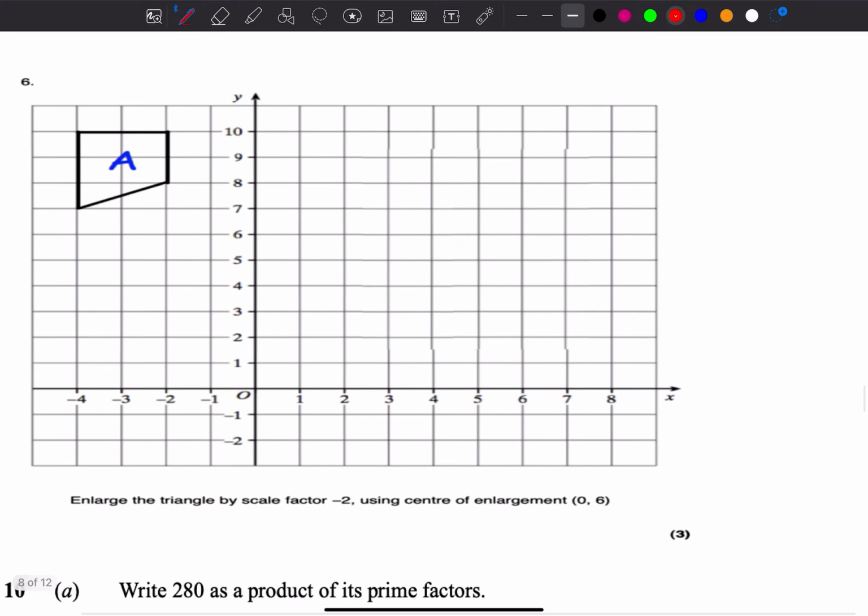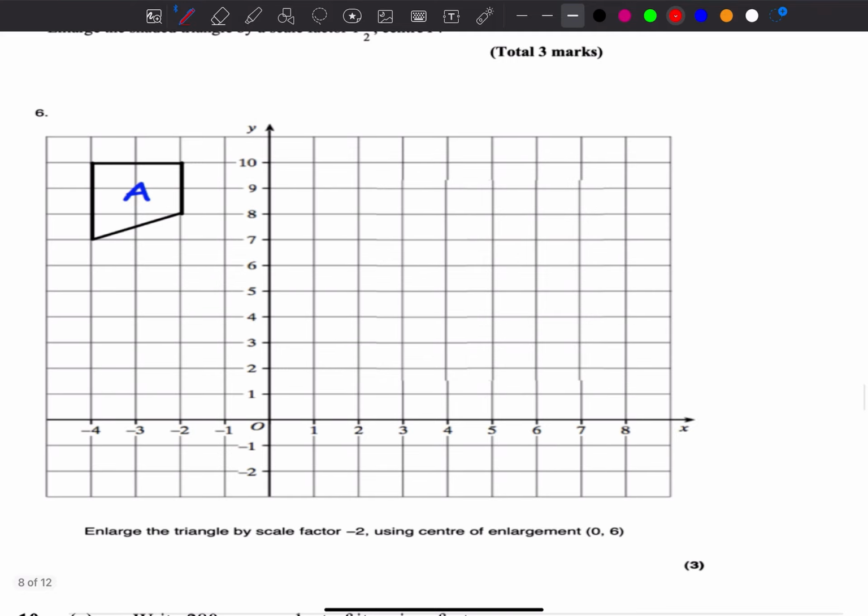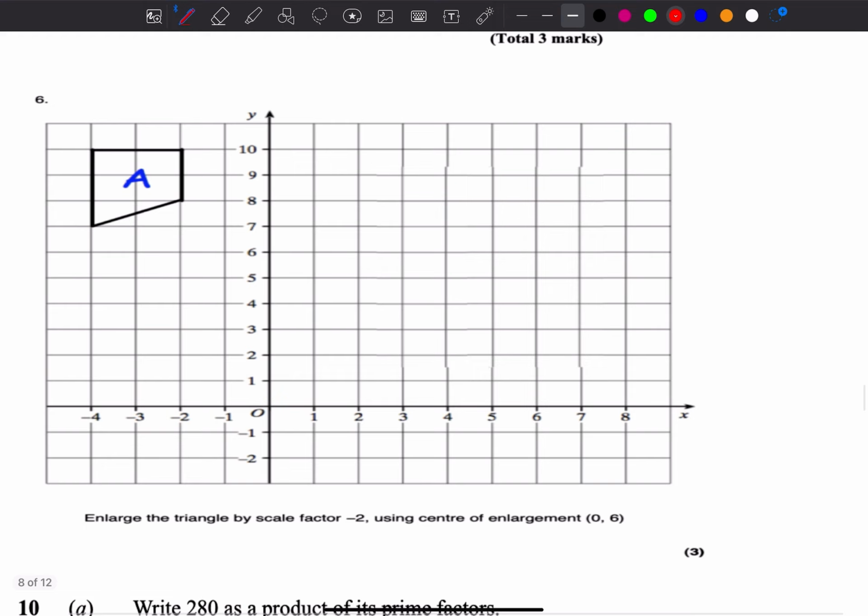Enlarge by a negative scale factor of minus 2 using the enlargement center 0,6. 0,6 is here. That's the scale center point. Let's start with this point. 1, 2, 3, 4 right, 1 down.